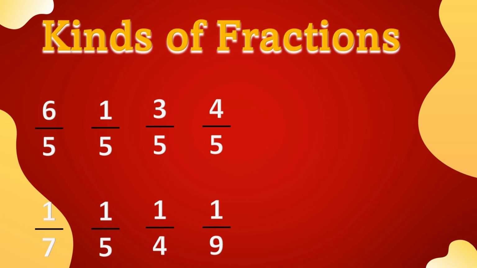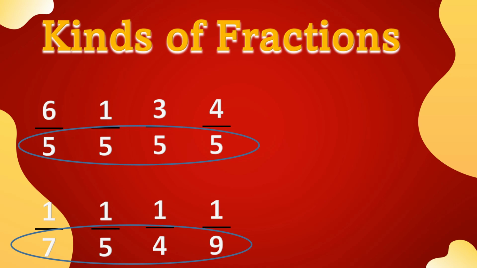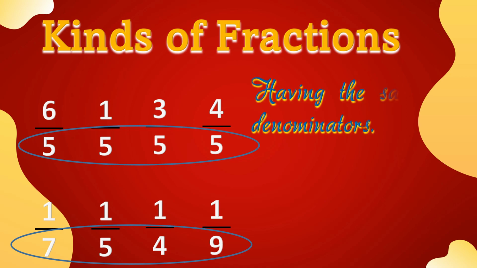So, anong gagamitin nating way to identify them? So, what we will do is to check on their denominator. So, as you see, the first group, all denominator is 5. So, having the same denominators. While the second group having different denominators.